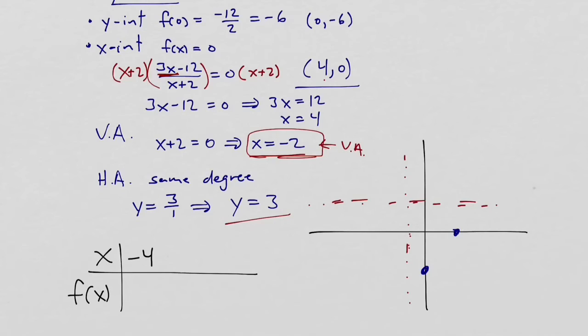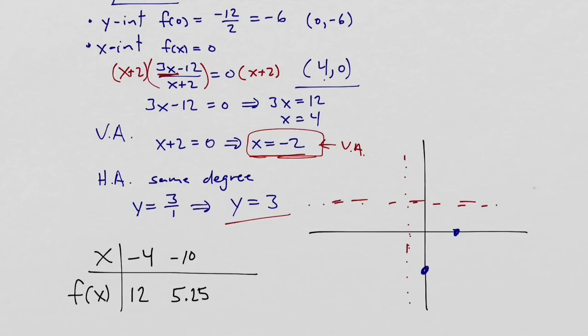And if you think about what happens with that, we end up with negative 24 over negative 2. So that's going to be a positive 12. And if I plug in negative 10 for x, I end up with negative 42 over negative 8. And so that'll be roughly positive 5 something, like 5.25.